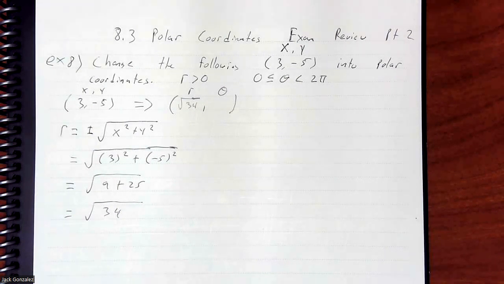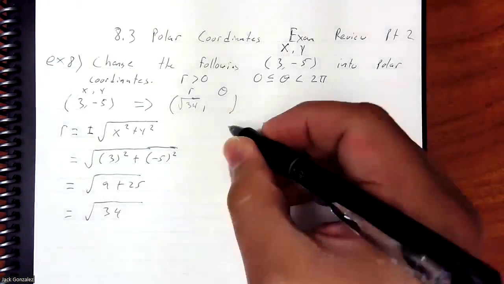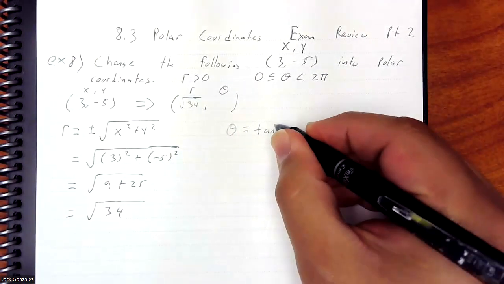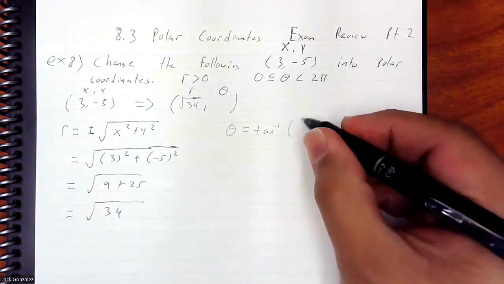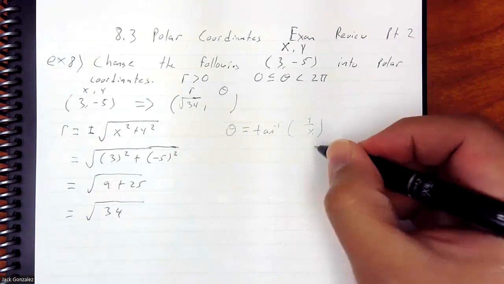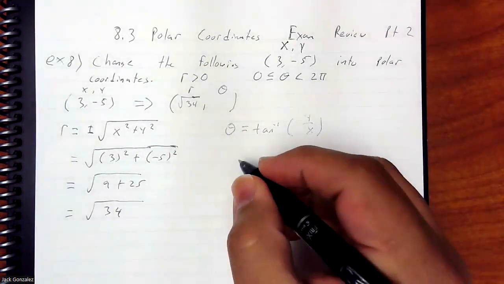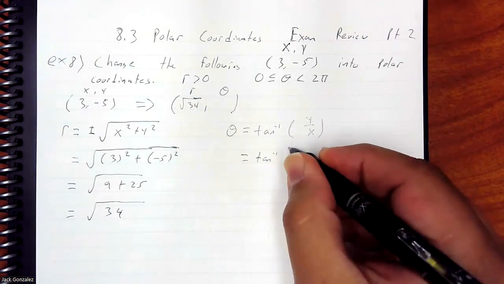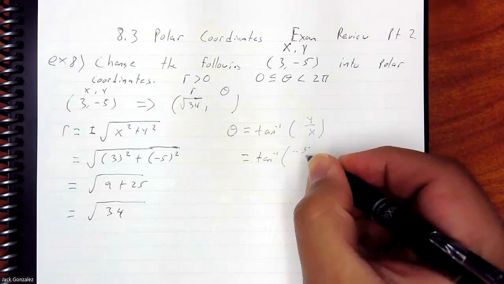Use the tangent formula. I told you that theta is equal to tan inverse of y over x. So that would mean that this is equal to tan inverse of negative 5/3.